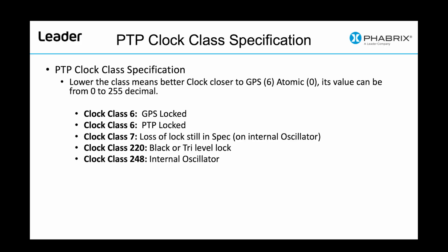I think that leads us into the next question. People are saying, is it necessary to have a GPS connection on these systems? Not at all. It works absolutely perfect. The only difference is the clock class at which PTP will be generated will be lower. You get clock class 6 if you're locked to GPS, 248 if you're sitting on internal, and that's just the quality of the clock itself, how accurate the absolute clock is.